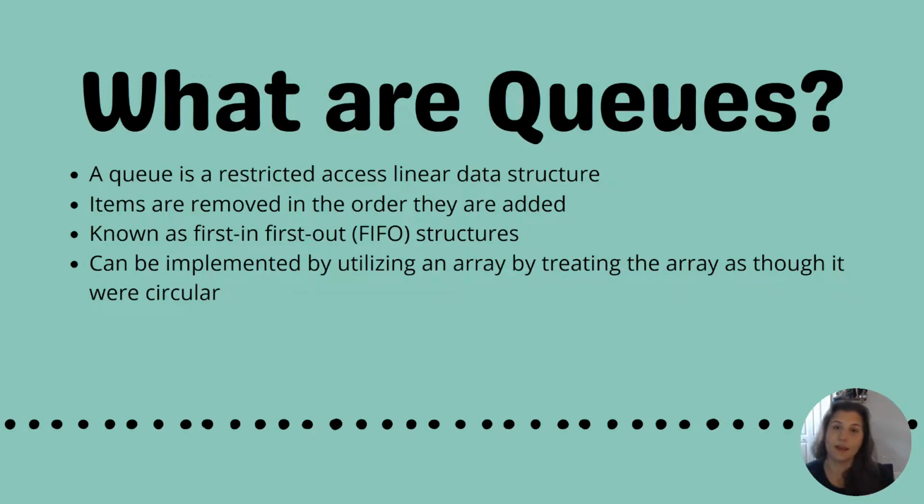Now that is a weird concept to think about, but first I will show you the operations of a queue, and then we're going to draw out how we would implement the queue as an array. After seeing it drawn out, we will then implement a queue using an array.